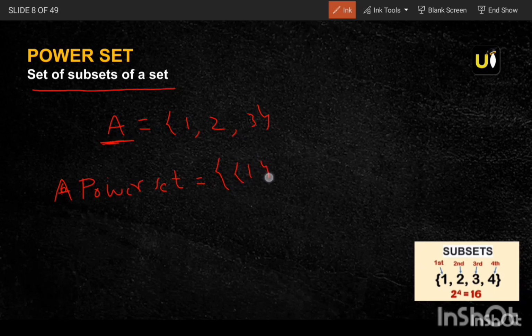So {1} is a subset of this set, {2} is a subset, {3} is a subset, {1, 3}, {1, 2} and so on. All possible subsets of this particular set are the elements of this power set.